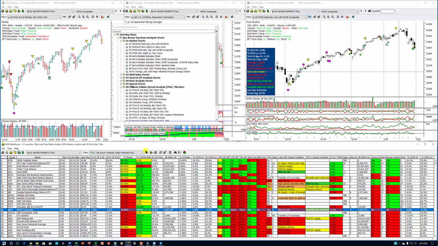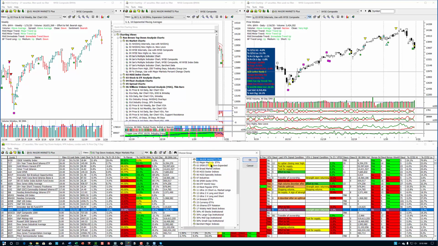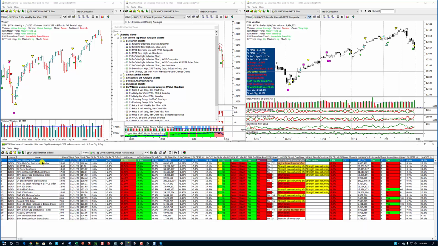Now, what I find very useful is HGSI's ability to create market indexes. And remember, I do it for 2 years or 104 weeks. And that is where I move next. I just choose the group, and I go into the broad market indices. These are all indexes which are created by HGS Investor.